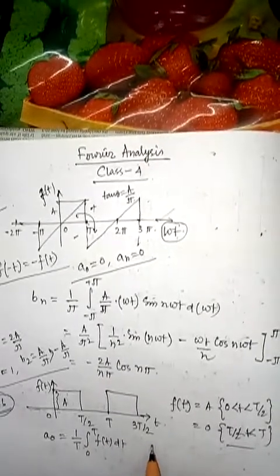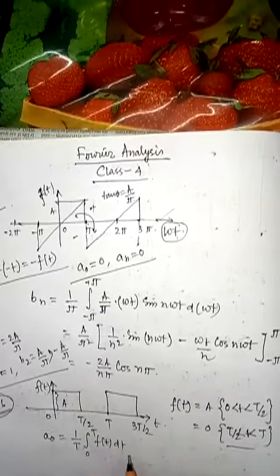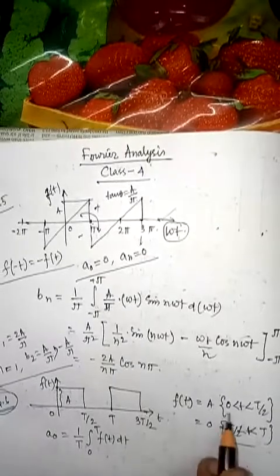Putting in this value and integrating, from T half to T it is 0, but from 0 to T half it exists.